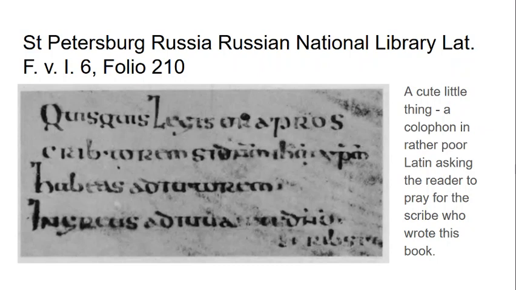I really can't read the last two letters, but the rest of it is: whoever reads this, pray for the writer, if the Lord should be my helper. I don't actually know what this last line is. In Grecus additor, it doesn't make sense to me. I just really have no idea.